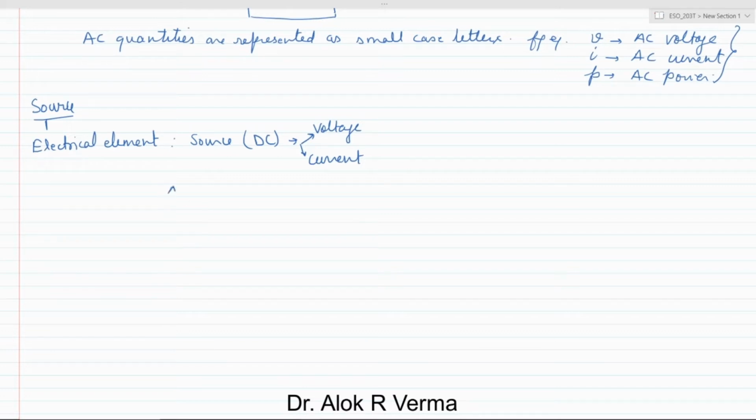When we talk about the constant voltage, it means that it is not depending upon the time, isn't it? So this is the ideal voltage. This is the voltage, this is the magnitude of the quantity, and this is the time. This is basically a constant. This is voltage.